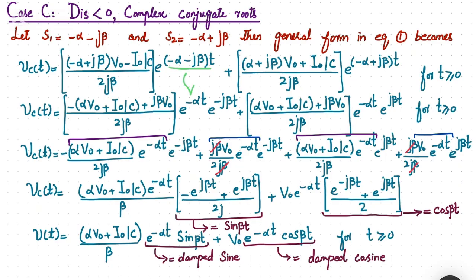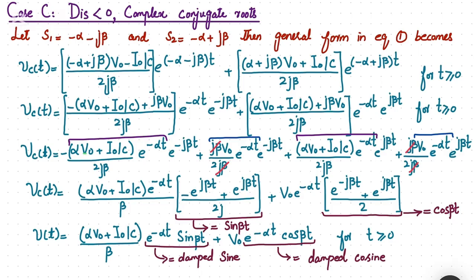E raised to power minus alpha minus j beta t can also be written as e raised to power minus alpha t into e raised to power minus j beta t. Similarly, e raised to power minus alpha plus j beta t over here can be written as e raised to power minus alpha t into e raised to power j beta t. Then we can separate out this factor and that factor.